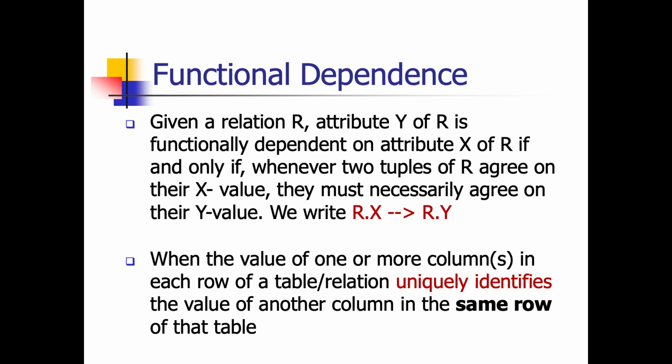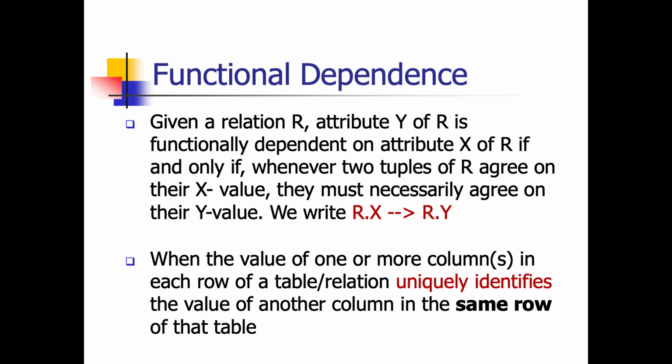And so we say there is a partial dependency in the enrollment table, where the primary key is a composite primary key of student ID and course ID. You have a partial dependency if a column in your relation depends on only part of your composite primary key.